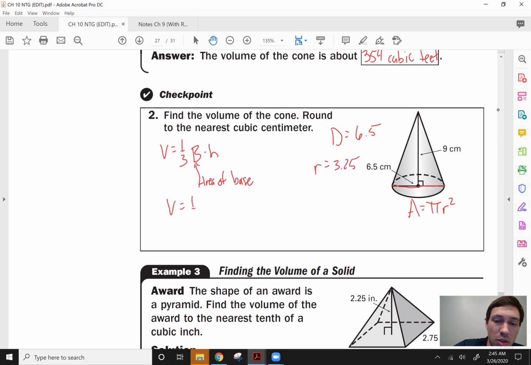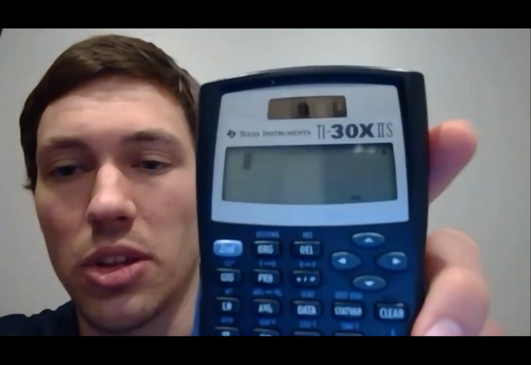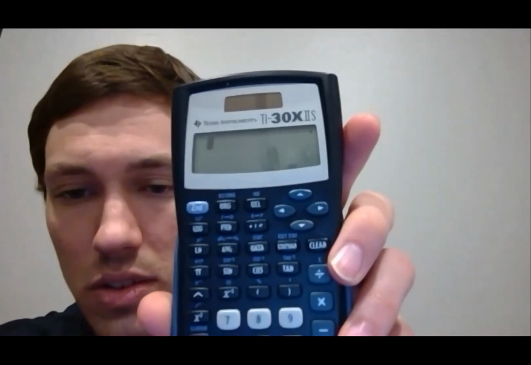So when I plug this in, I get 1/3 times my base, which is pi r squared. So I take pi times r squared, which is 3.25 squared, times the height, which in this case is 9. And again, I plug it in exactly like that into my calculator. I'm going to use parentheses first.